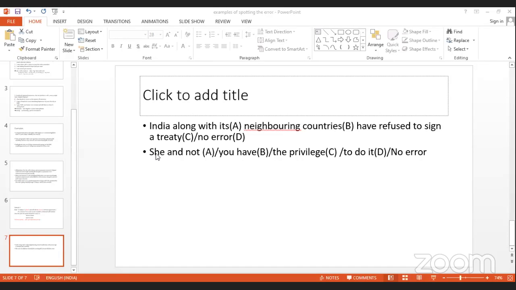So over here, she is the subject, and "have" will become "has", because it is singular. You have to convert it into a singular verb. Got it?